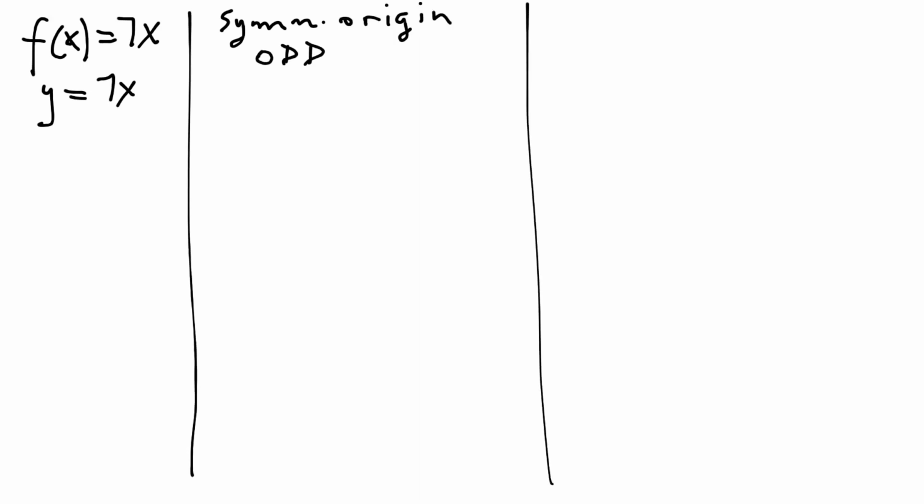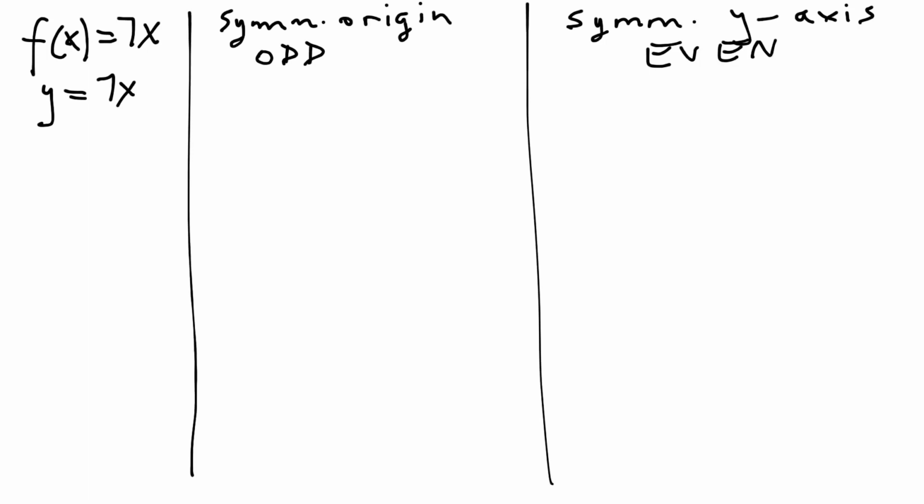Then, to make sure we understand this fully, we're going to do both and check for symmetry about the y-axis. If it's symmetric about the y-axis, we're going to conclude that the function is even. And if it's neither of those two, we're going to conclude that it's neither odd nor even.